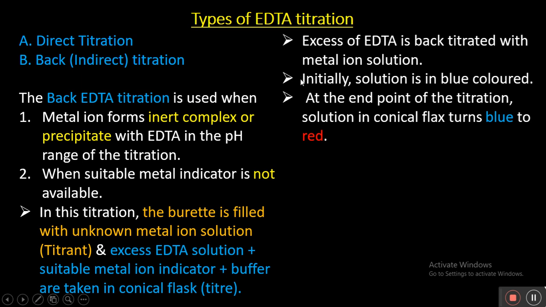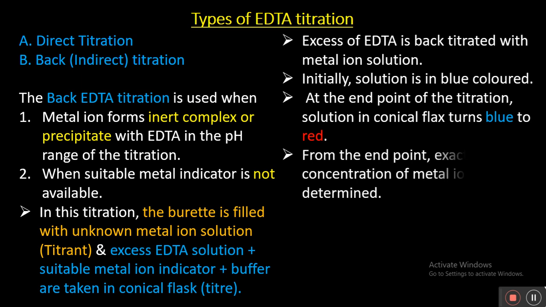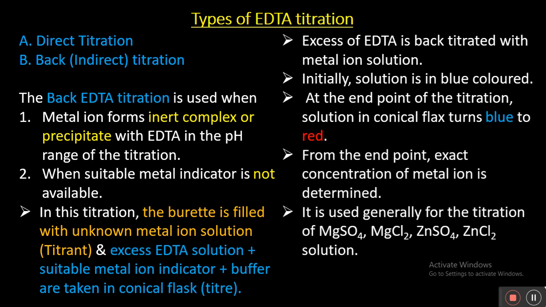At the end point of the titration, the solution in the conical flask turns from blue to red. From the end point, the exact concentration of the metal ion is determined, and this back titration, indirect titration, is used for the estimation of magnesium sulfate, magnesium chloride, zinc sulfate, etc.